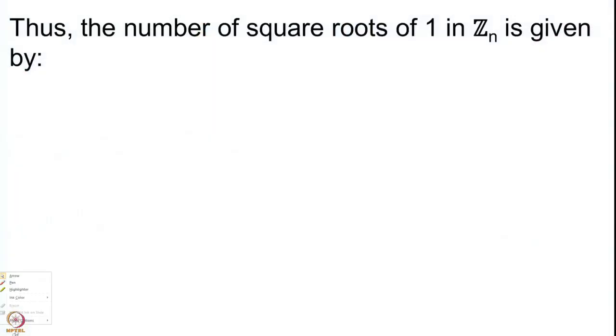Now we want to go back to our general situation and compute the number of solutions to x square congruent to 1 modulo n. So, that is the case that we want to now do. So, now we go to the general case.